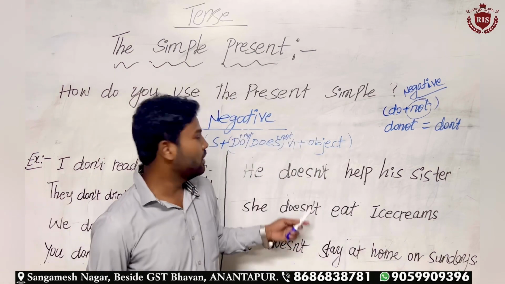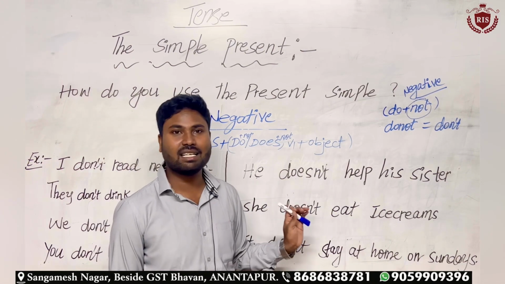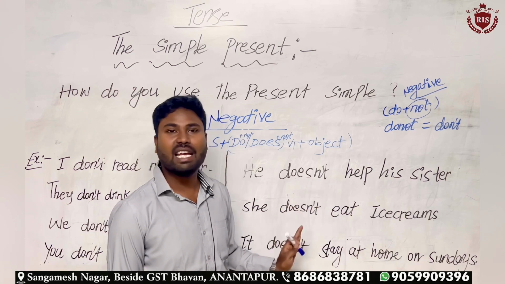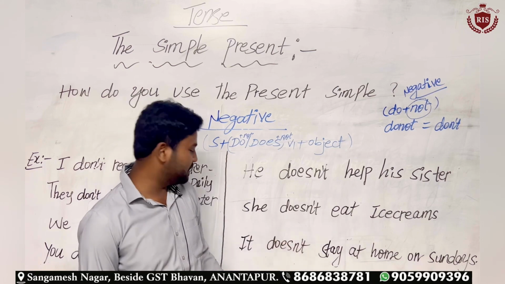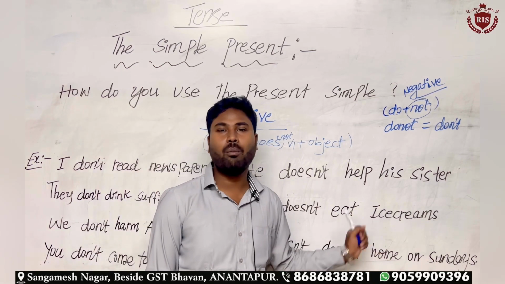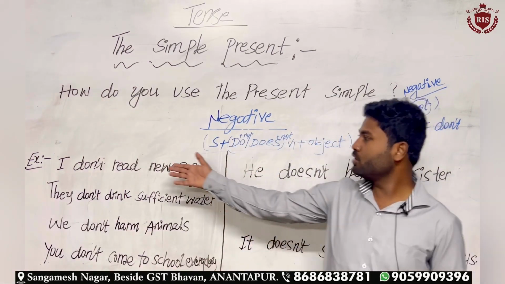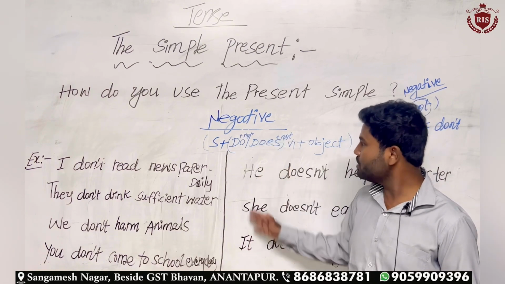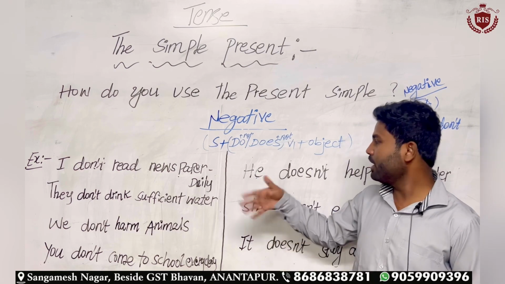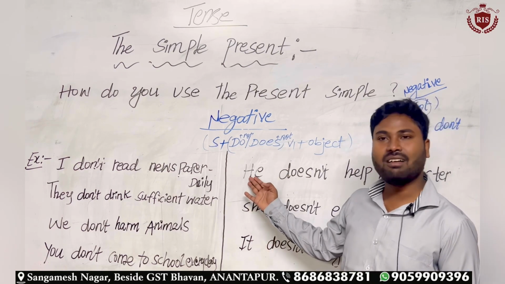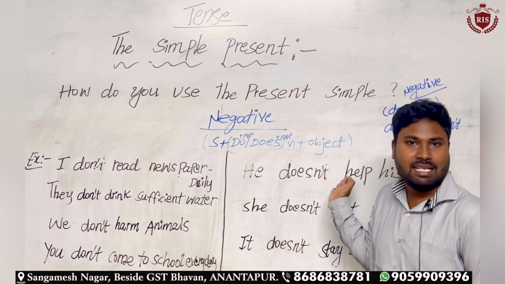When it comes to the pronouns he, she, it, we use the contractive form doesn't in negative sentences. He doesn't help his sister, she doesn't eat ice creams, and it doesn't stay at home on Sundays. Look at the difference between these three pronouns and those three pronouns. Only for these three pronouns we use doesn't. In place of the pronouns he, she, it you can even take nouns. In place of he you can take Sam: Sam doesn't help his sister.